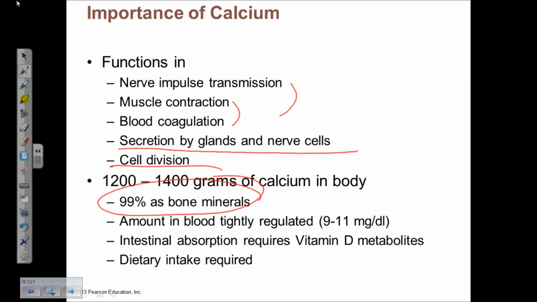The concentration in the blood is very tightly regulated, about 9 to 11 milligrams per deciliter. And when we eat calcium-containing products, its intestinal absorption requires vitamin D. That's why if you're sitting in a dark room, calcium is not going to get absorbed.